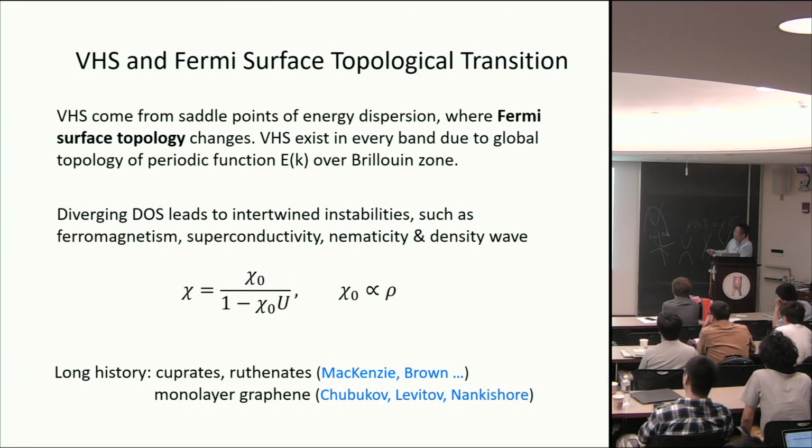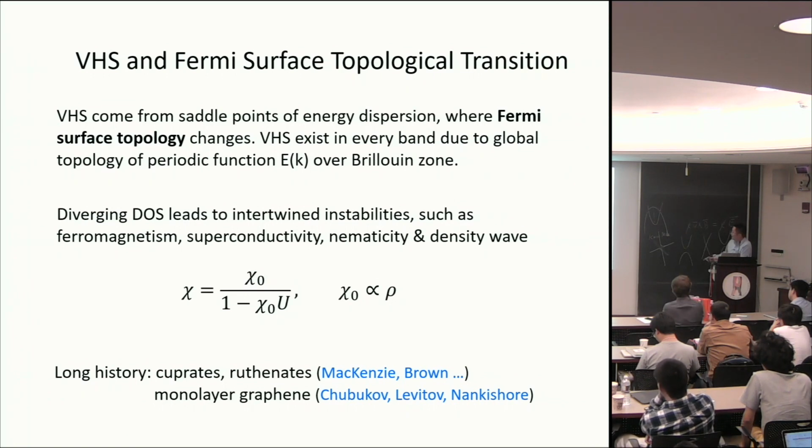So there's a long history of thinking about correlation effects when the Fermi energy is close to this divergent density of states. It basically leads to various kinds of possible instabilities. In a simple mean field theory, the susceptibility is proportional to the non-interacting susceptibility enhanced by this Stoner factor.